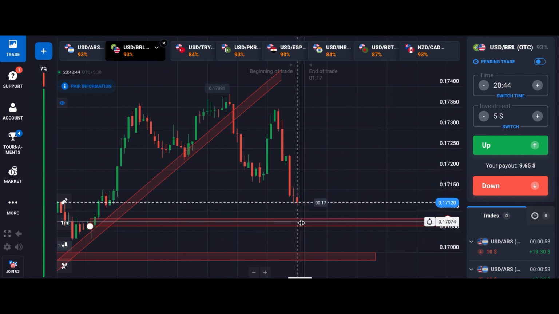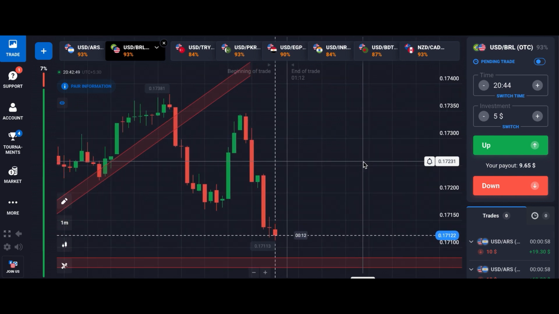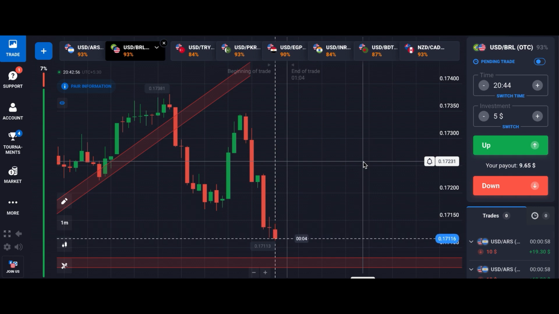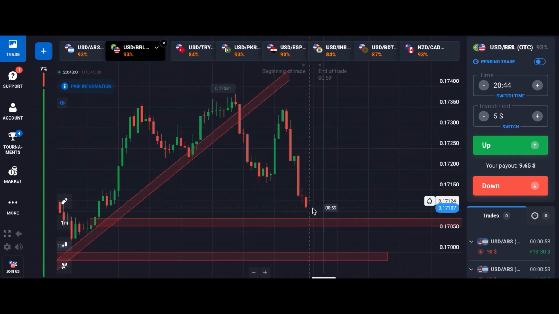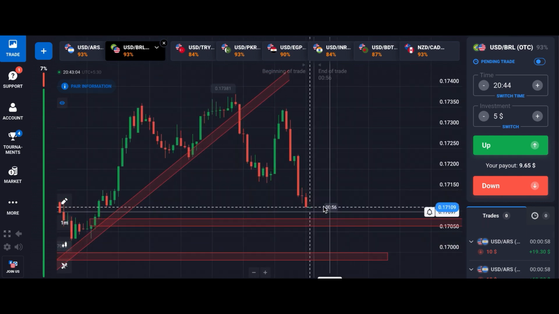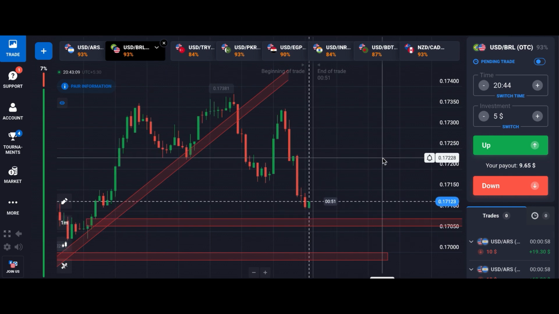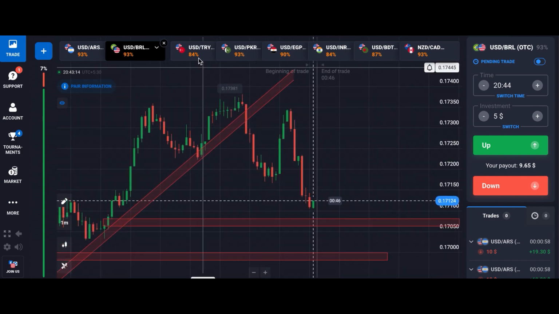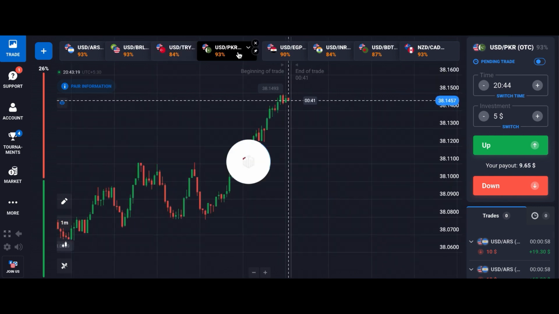If this candle touches this level, then I will go for the up, otherwise I will wait for the next candle. If a candle closes in red and touches this level, then I will go for the up trade in the next candle. But for that, I will wait and we will find another opportunity.